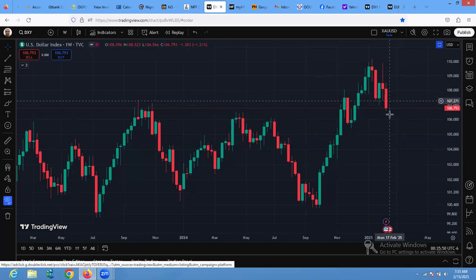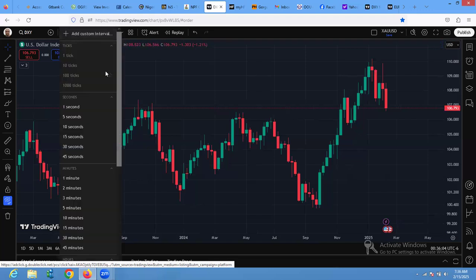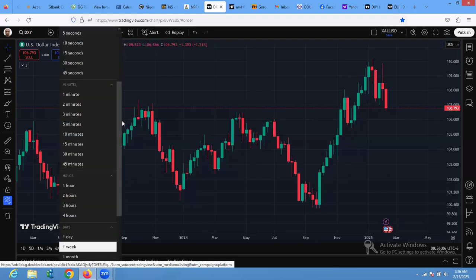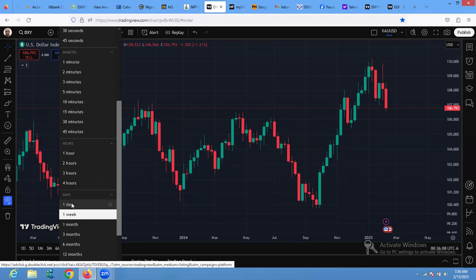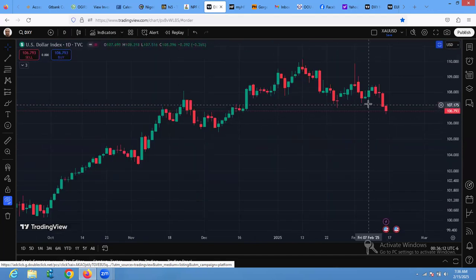So what we are looking for now is, once we take this low, we need reactions to go much deeper on the DXY for further downside. So, going to the daily time frame, we need price to come towards this resistance here.